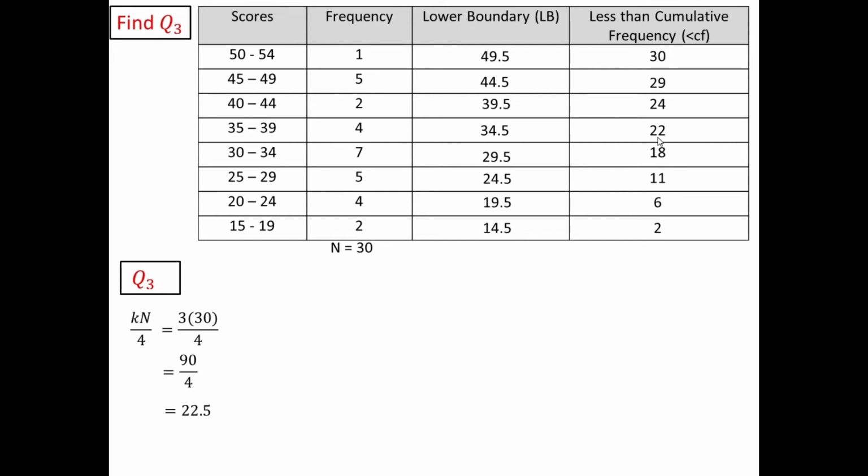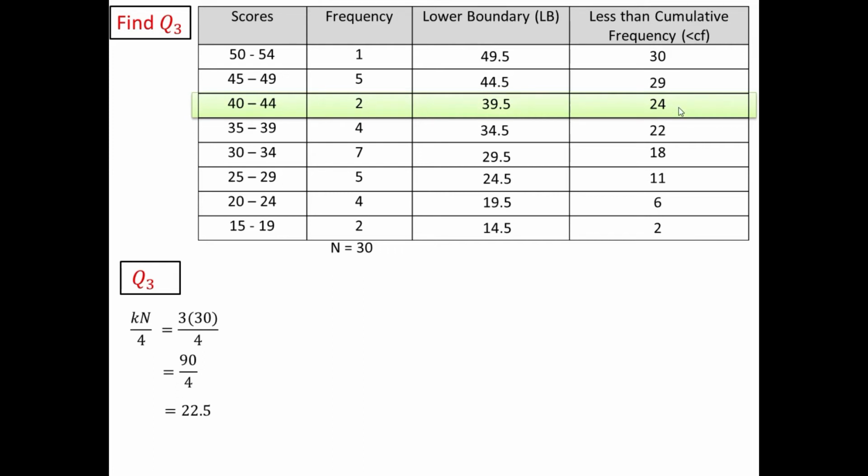Si 22 mas mababa pa rin siya kay 22.5. Dapat kasi pinakamalapit na mataas or equal lamang. So, si 24 lang ang pasok dun sa ating condition, kasi yung pinakamalapit at mas mataas kay 22.5. So, meaning, yung class na to yung ating third quartile class.